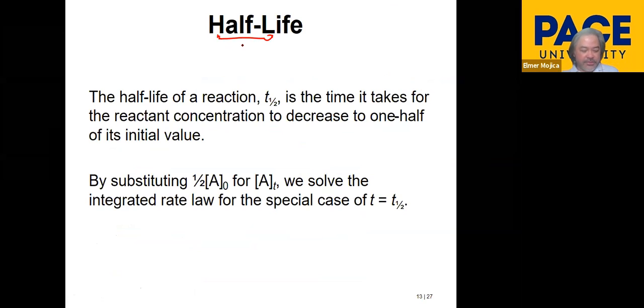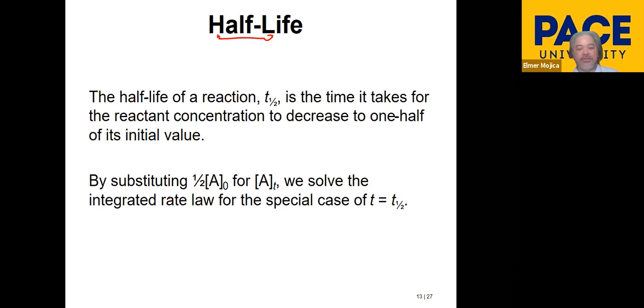So if we're going to tackle this definition of a half-life, we could just say that it's the time required for the concentration of a reactant to decrease to half of its initial concentration. It's the time it takes for the reactant concentration to decrease to 1/2 of its initial value.